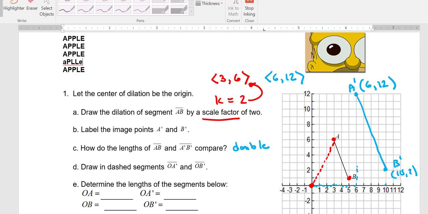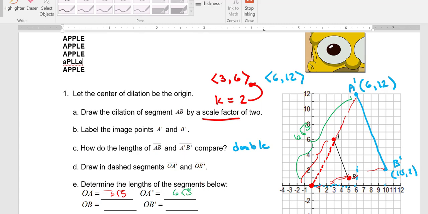If I draw in all these little segments from here to here and from here to here, what you're going to find is that if I measure the distance from O to A, using the distance formula, that's 3 root 5. The distance from the origin to A prime is just going to be double that, 6 root 5, and I can find that again using the distance formula.